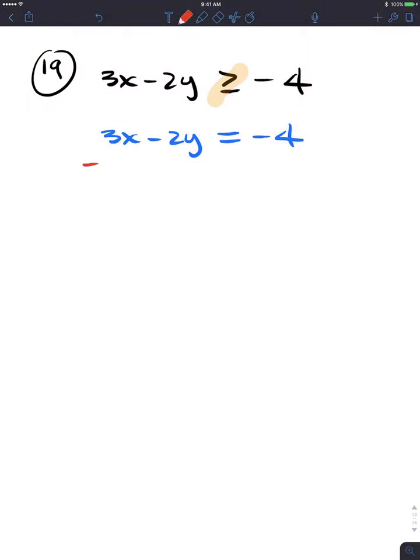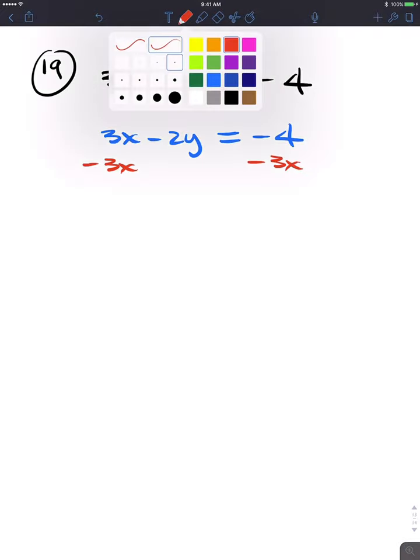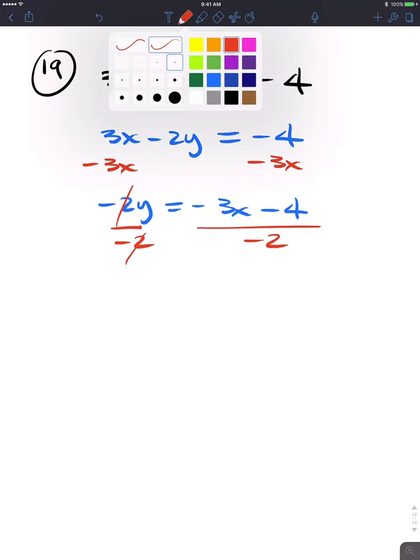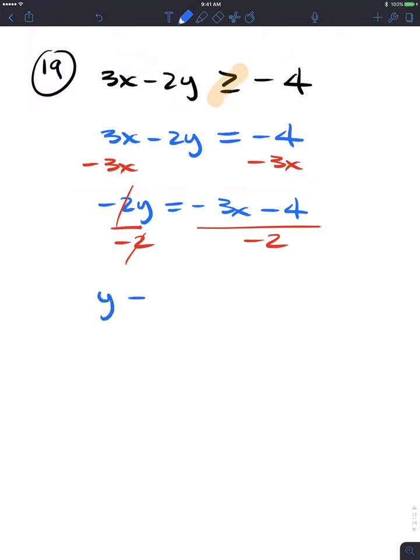In order to graph, we have to solve for y and place this in slope-intercept form. Negative 2y is negative 3x minus 4. Divide both sides now by negative 2. We end up with y equals negative 3x divided by negative 2 minus 4 divided by negative 2, or y equals 3/2 x plus 2.